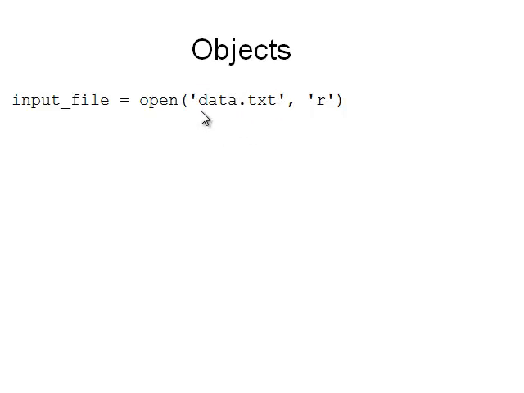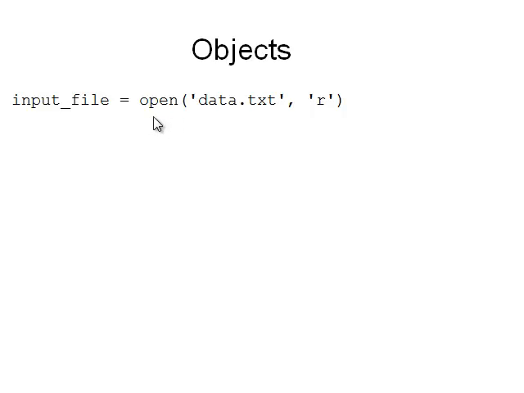So in this case, we're opening data.txt, and we are creating in memory a file object that is associated with that file. Now, the file object that is created in memory has the ability to perform operations on that file. So our program will use the file object to perform operations on the file.